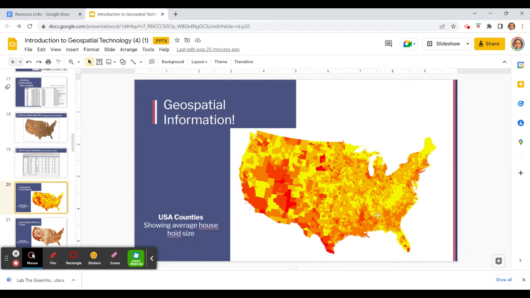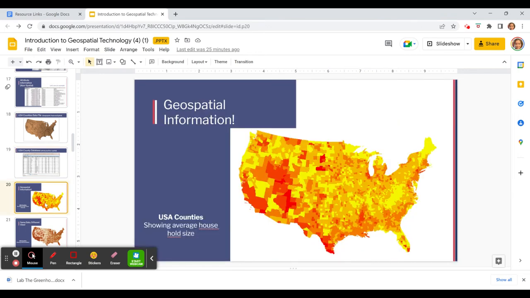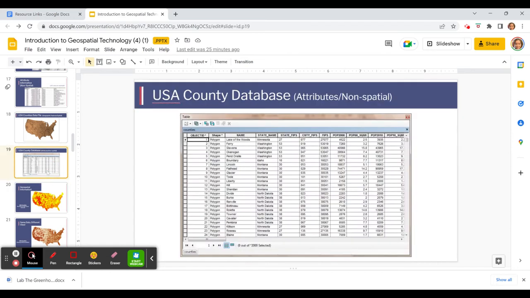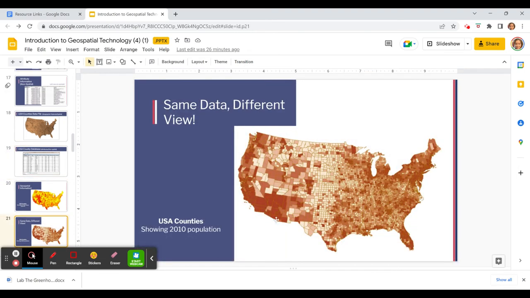This map visualizes all of this information for us. I don't know about you guys, but I know which one I would prefer to look at. I prefer to look at the map that visualizes this data for me. That's what GIS is. It's the opportunity to see data from a spreadsheet visualized in a particular area.